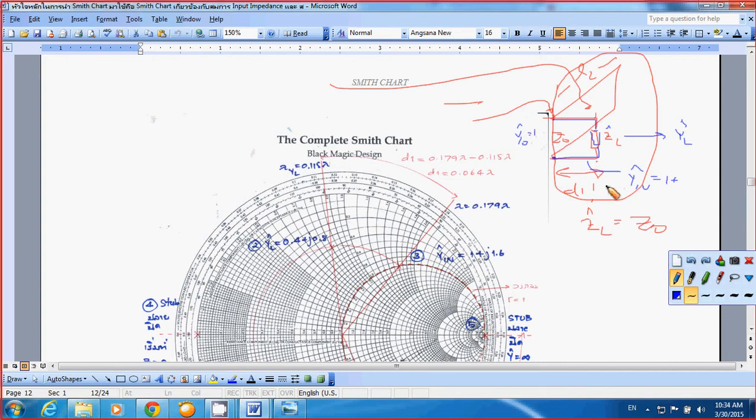So we need to make the real part here to be 1 first by taking some portion of the original transmission line, and you end up with the Y in equal to 1 plus J 1.6, and you still have J 1.6 here.